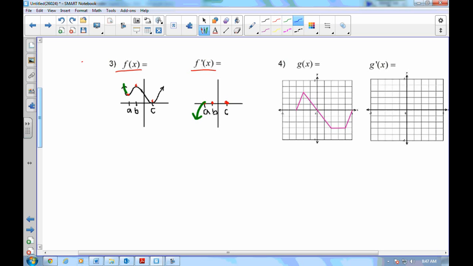Okay, and here we are increasing, so our graph should be positive until the next point. And then it's decreasing until the next point.